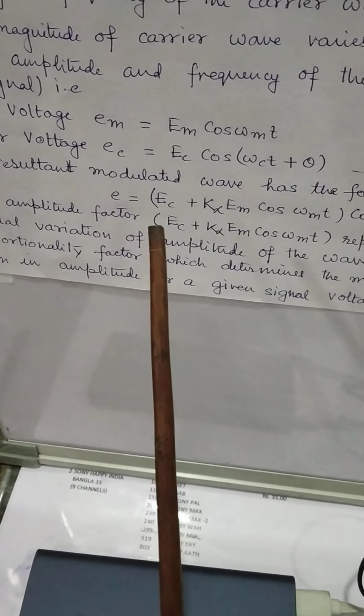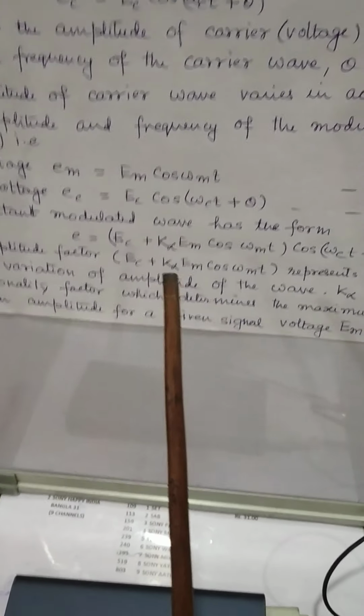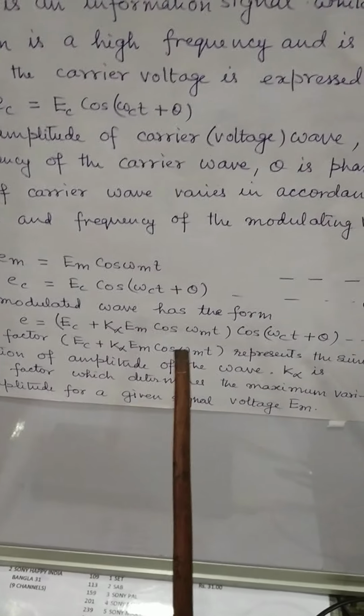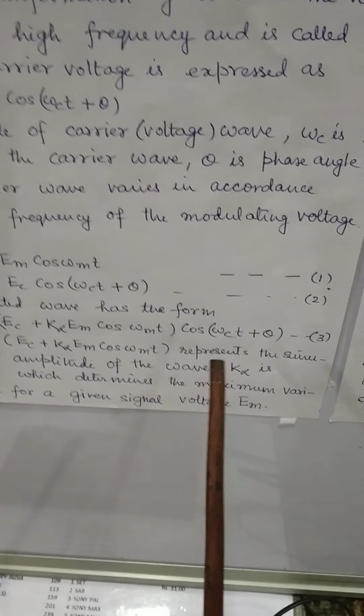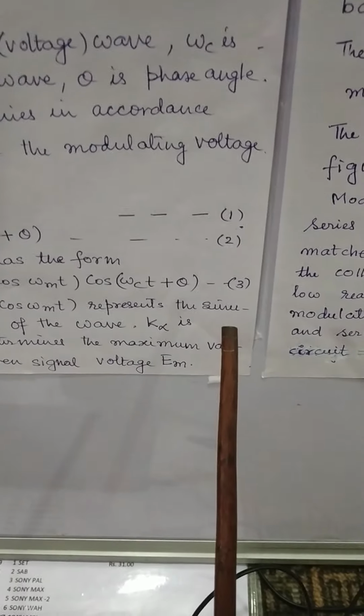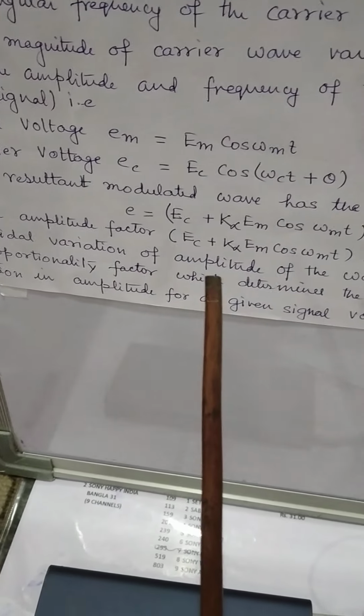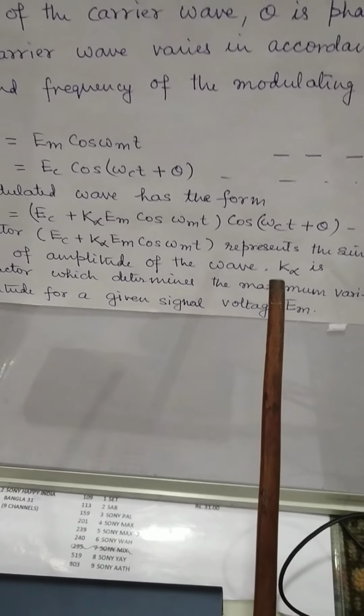The amplitude factor E_c + K_α E_m cos ω_m t represents the sinusoidal variation of amplitude of the wave.